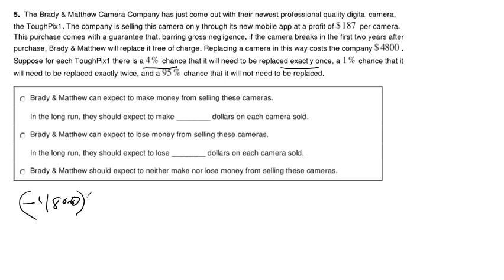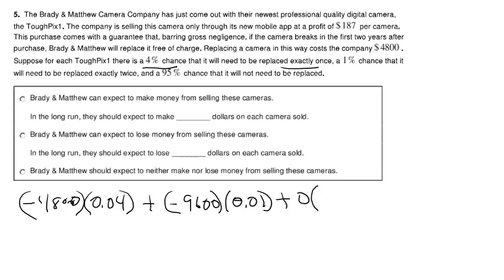The probability of that happening is 0.04. It could break twice. If it breaks twice, they're out $9,600. The probability of that happening is 0.01. And then it might not break, so they're out nothing, and that's 0.95.